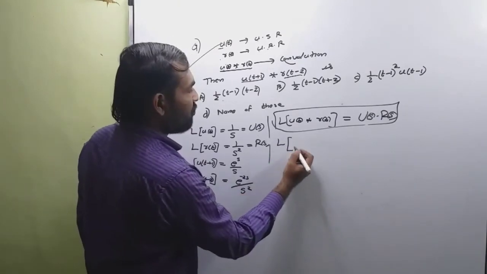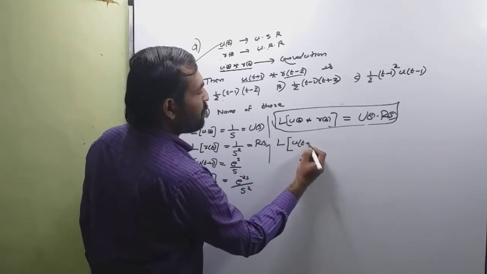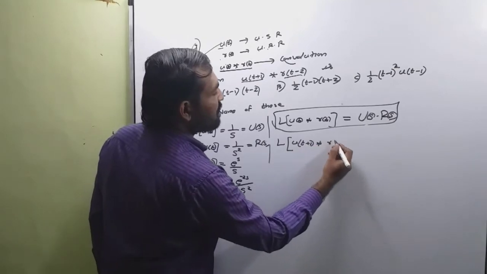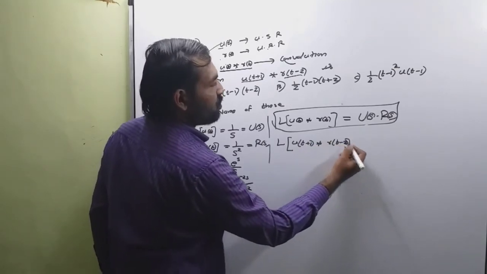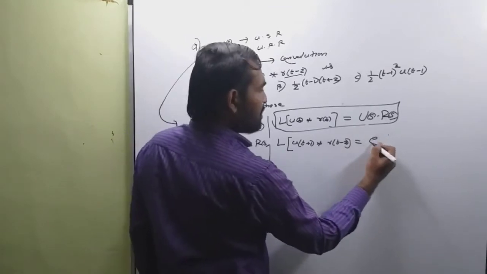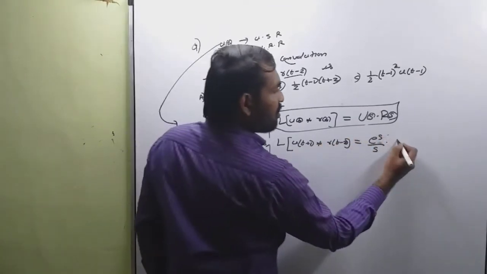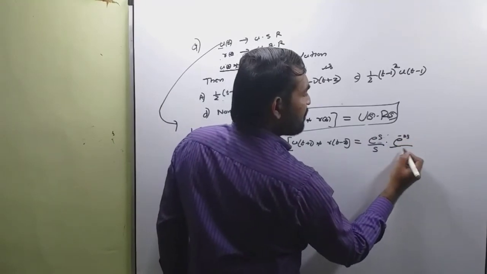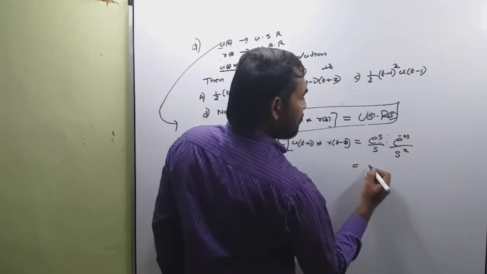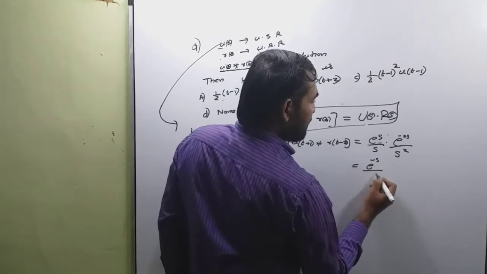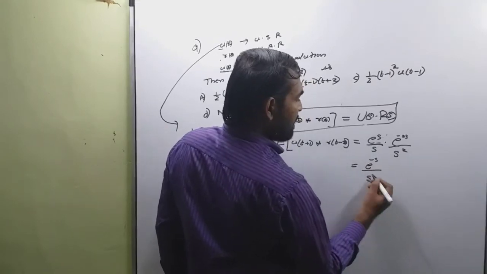Laplace transform of u of t plus 1 convolution r of t minus 2 is equal to e raised to s by s into e raised to minus 2s divided by s square, that is equal to e raised to minus s divided by s cube.